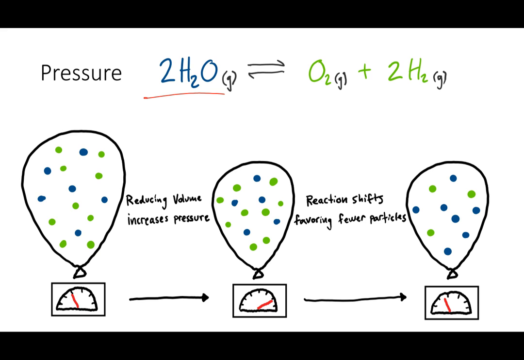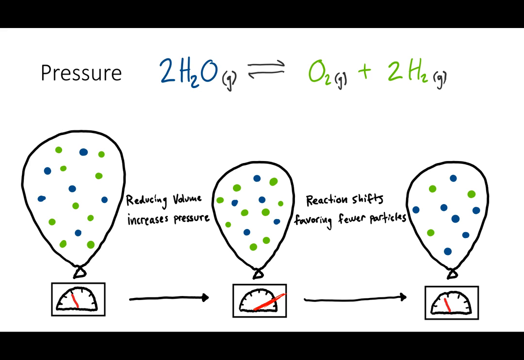So if we have a balloon at a certain pressure, represented by this gauge here, reducing the volume, squeezing the balloon, would increase the pressure, right? And that's represented by this gauge pointing that way. The reaction would then shift, favoring fewer particles. Okay, so how would you even know this?